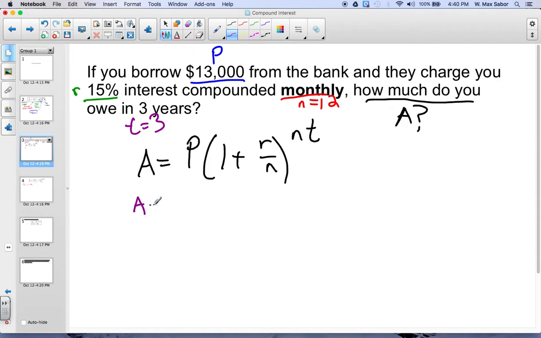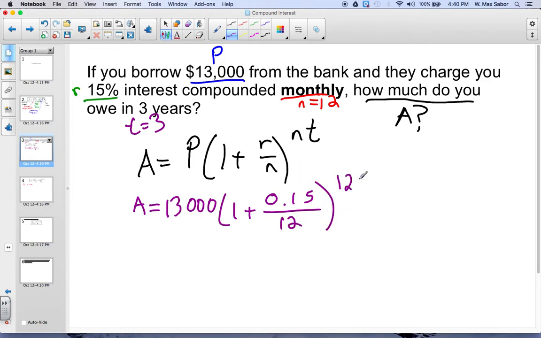So let's substitute that all in. A equals 13,000 times 1 plus, written as a decimal, 0.15 over 12, to the 12 times 3. The long way of simplifying this is to do this division out.